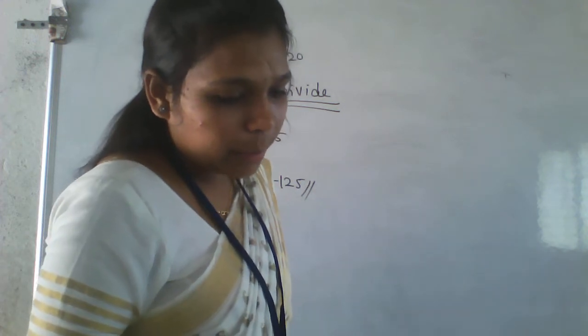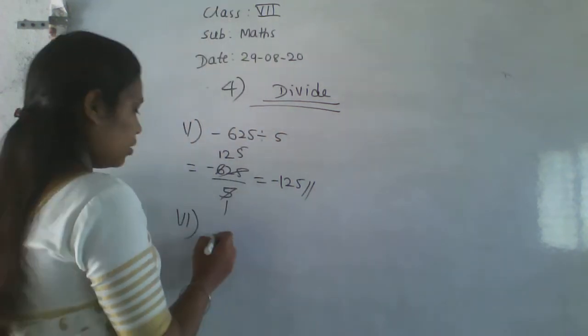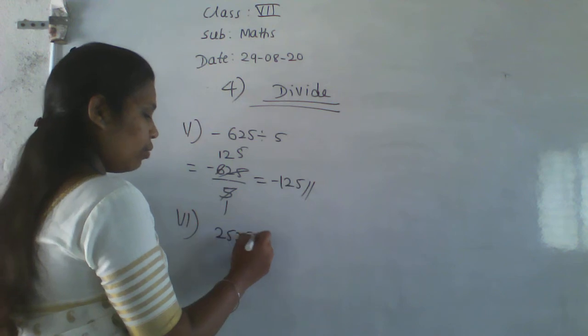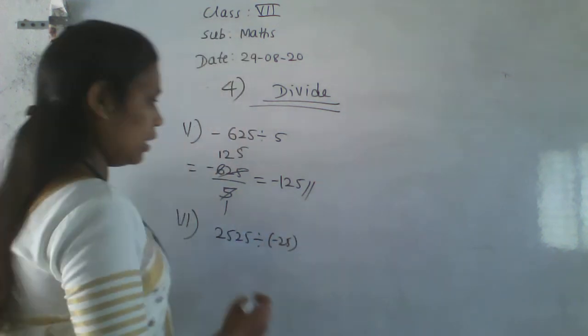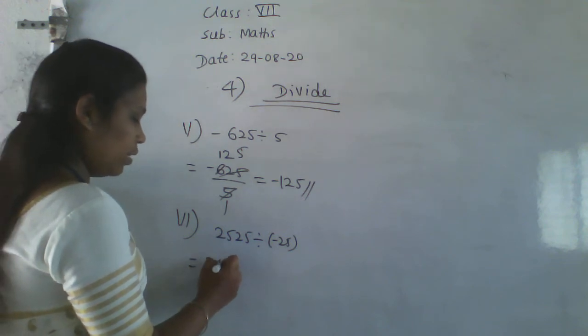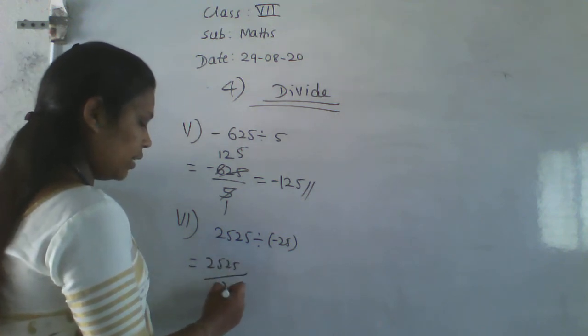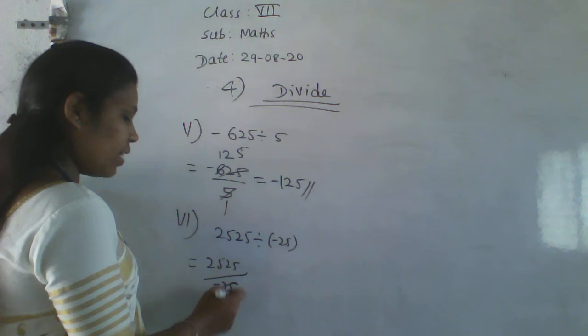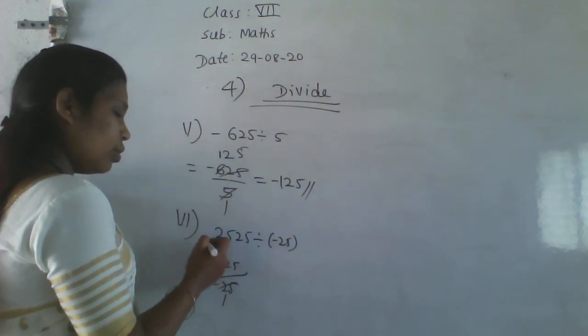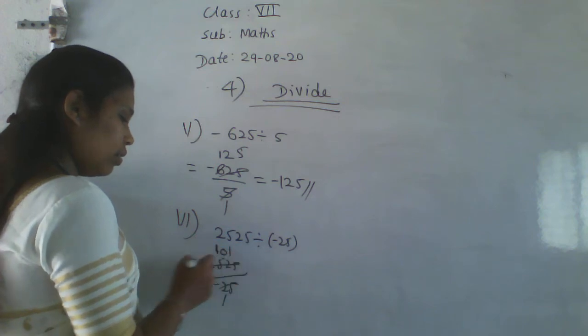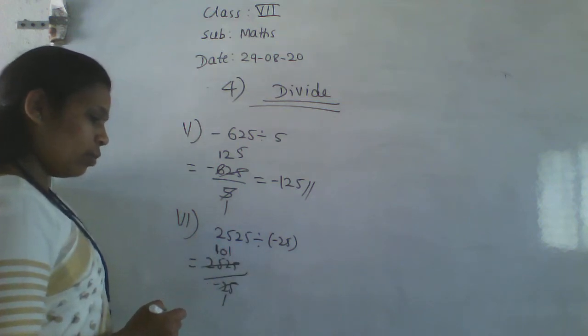Next, the sixth one: 2525 divided by -25. 25 ones are 25, then 0 here, like this you have to write.